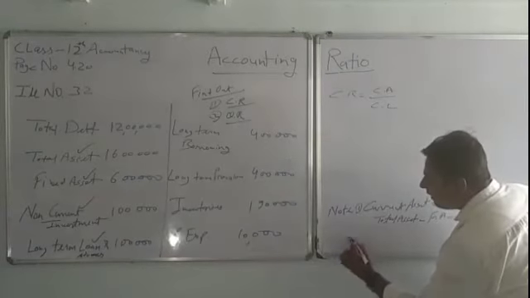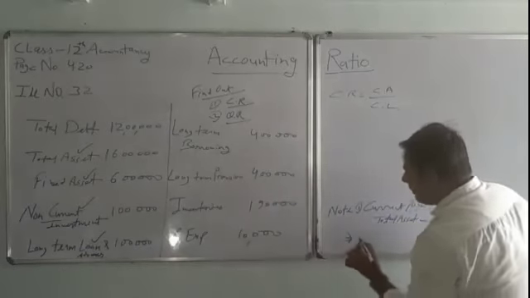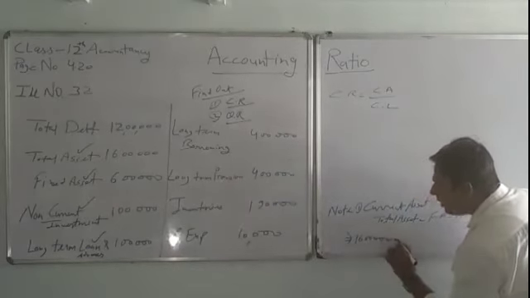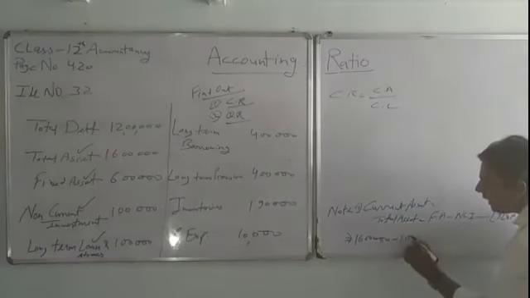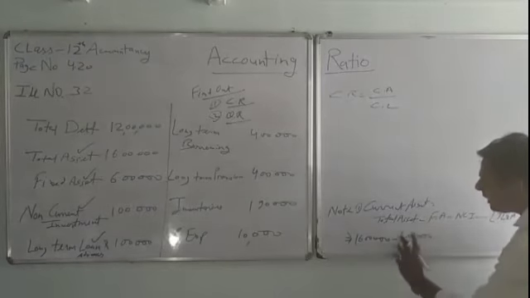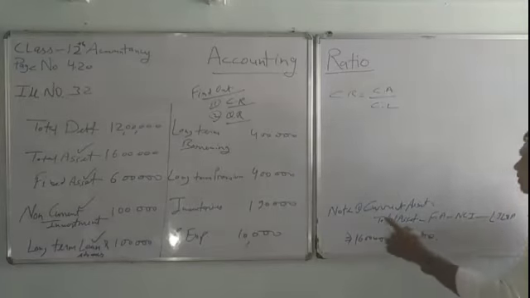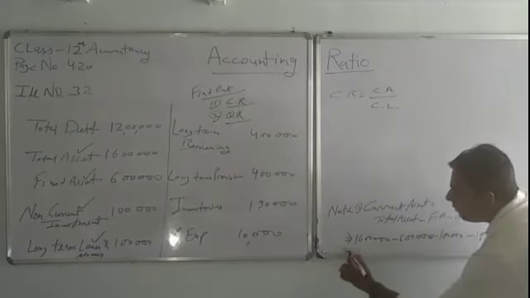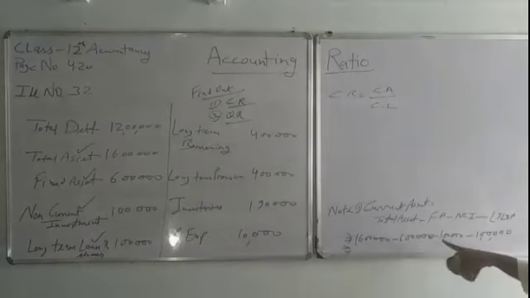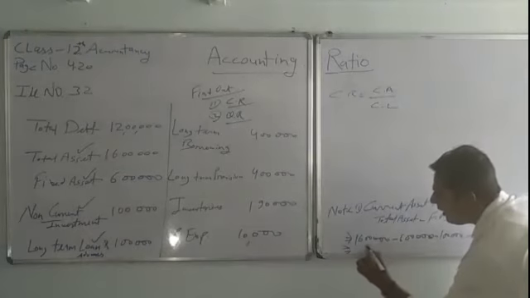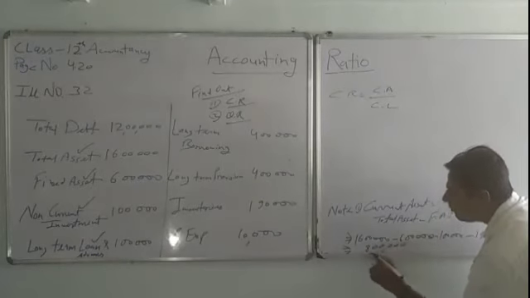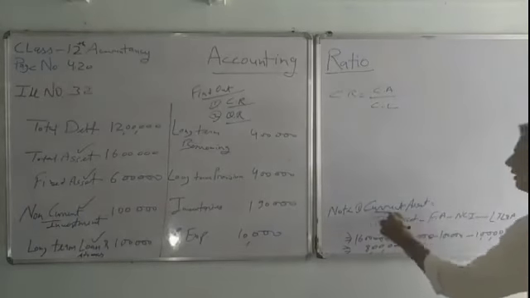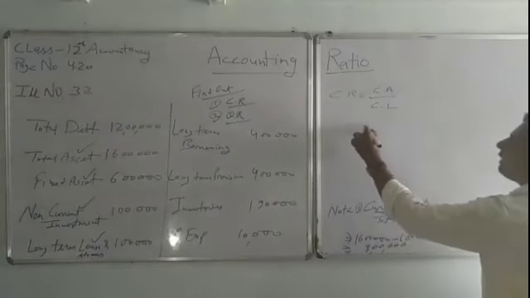So here our current asset will come: total asset 16 lakh minus 6 lakh fixed assets, minus 1 lakh and minus 1 lakh. So 6, 7, 8. 16 minus 8, 8 lakh. This is our current asset.